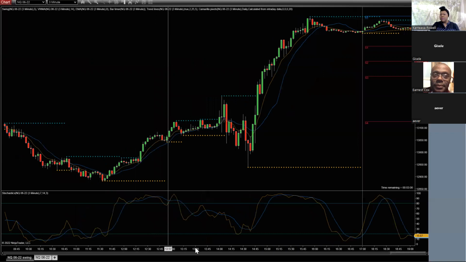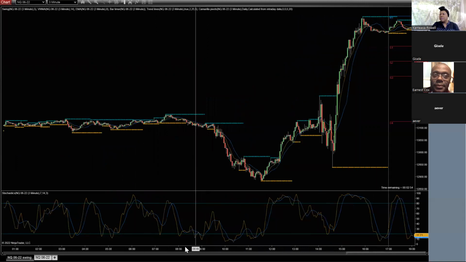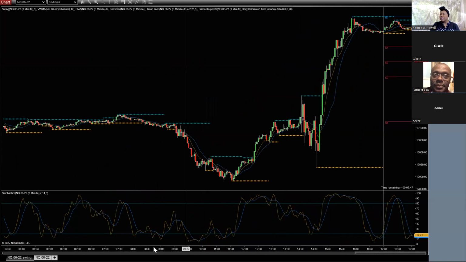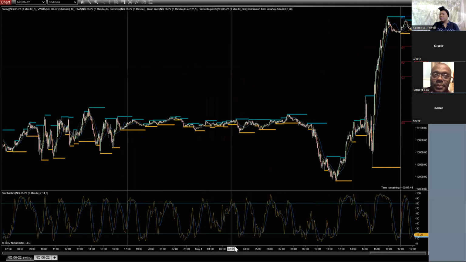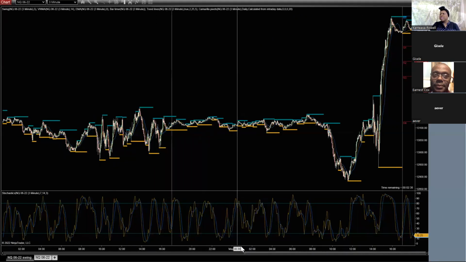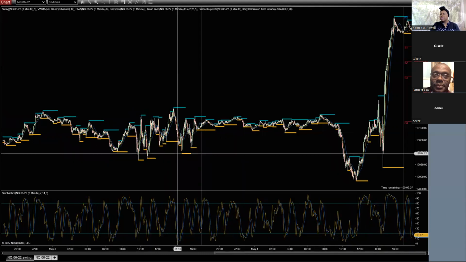Now to find my support, you can make your chart smaller or larger by dragging at the bottom where you see the times, where you see 12 o'clock, 12:30 and so forth. When I am placing my lines for support and resistance, I make it smaller because you're able to see more swing highs as well as more swing lows.